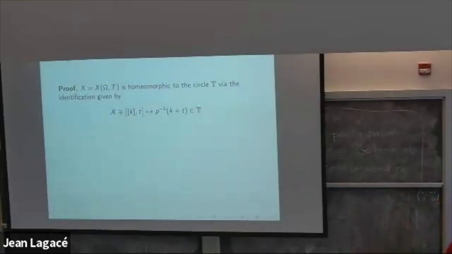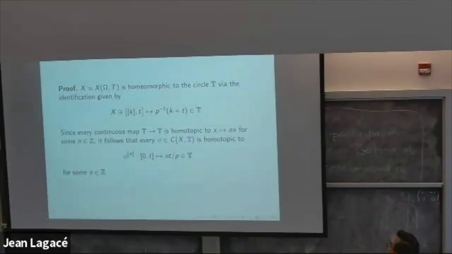Okay, so that's what we do. And this is a circle too. Okay, so X here is a circle. And you can actually identify it with the normalized circle. It's a circle of length P, obviously, if you divide by P. Okay, so this is what X is.